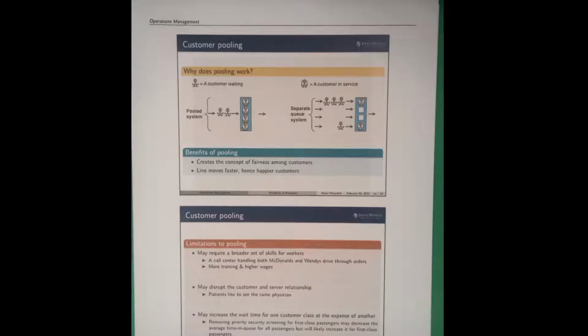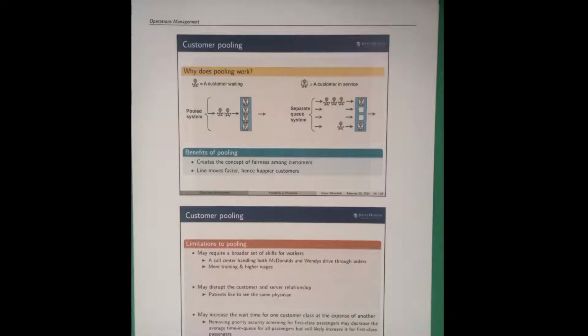Another problem that we need to be careful about is that pooling might actually hurt some customers for the benefit of other customers. Imagine a situation in a grocery store where you are pooling all customers in one line, meaning even that customer who has purchased just one bag of bread, or just one pack of chewing gum, is going to stay in line, possibly behind someone who has a full cart of items.